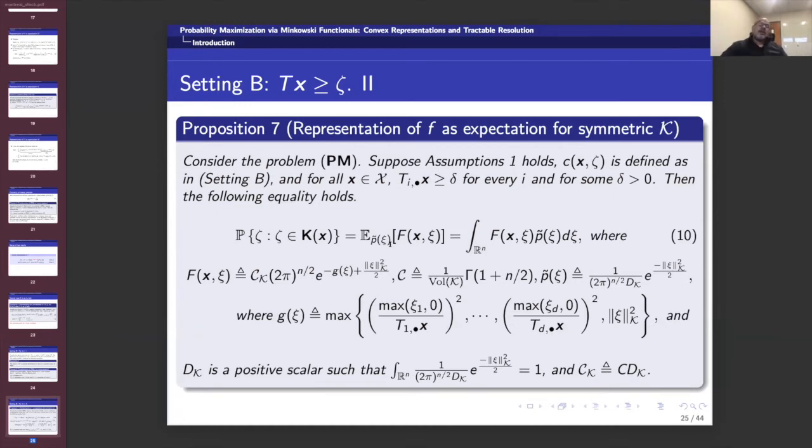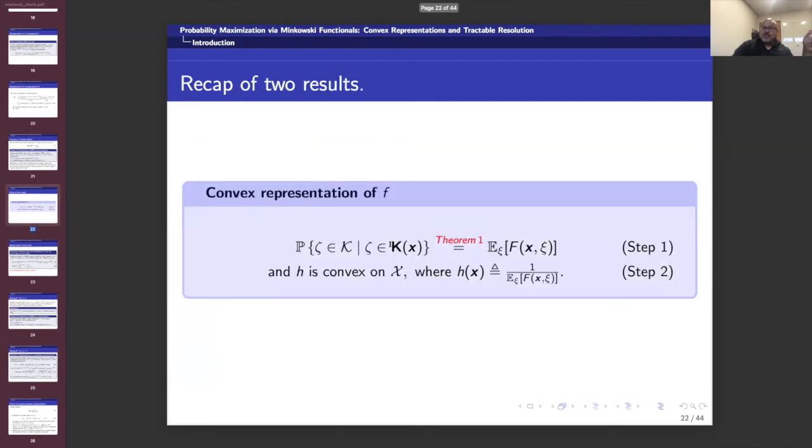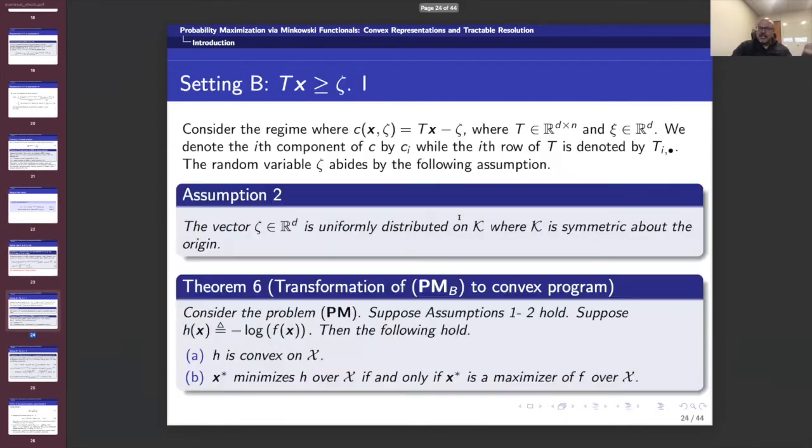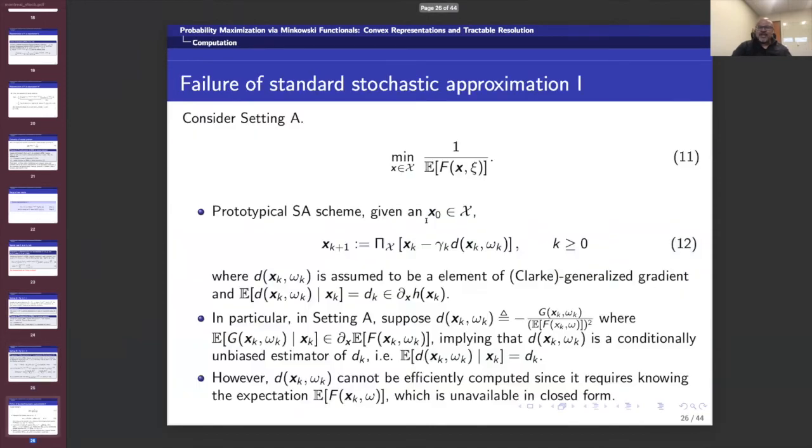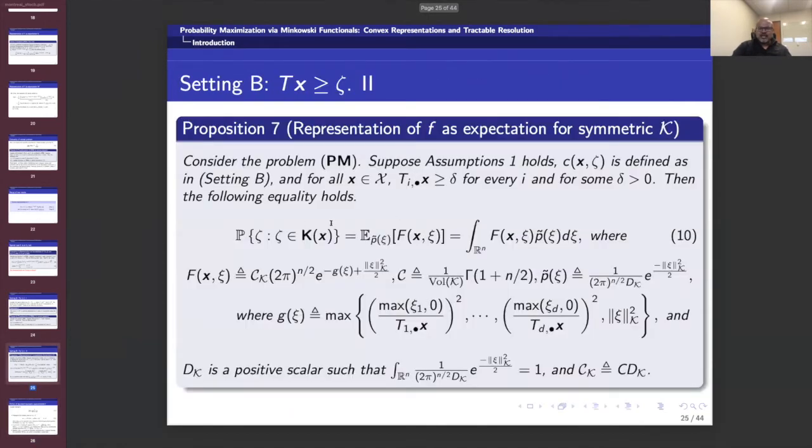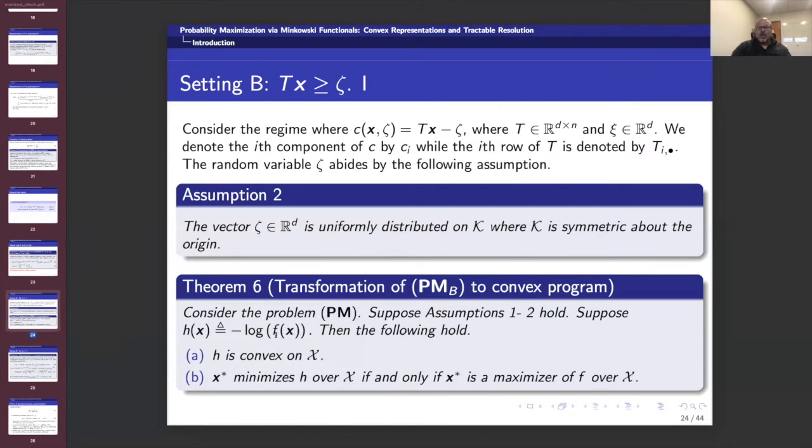Okay. So once you have that, you can write the first setting as a convex optimization problem, where the optimization problem isn't necessarily simple. It's essentially a compositional problem. So what you end up with is 1 upon the expectation is convex. In this particular case, you have that the negative of the log of the expectation is convex, and that's what you operate on.